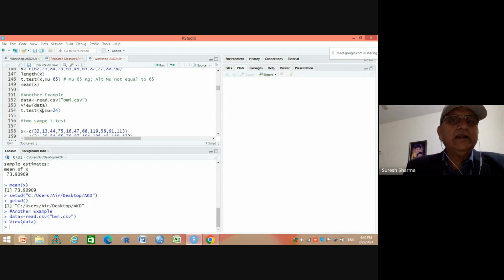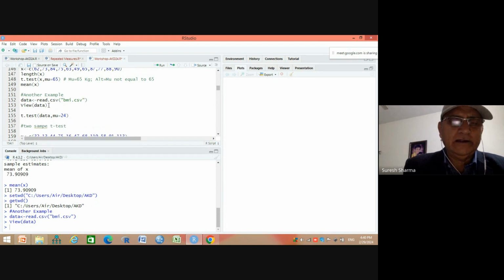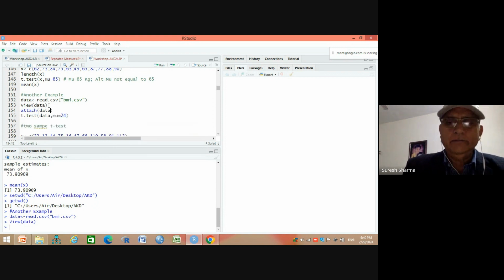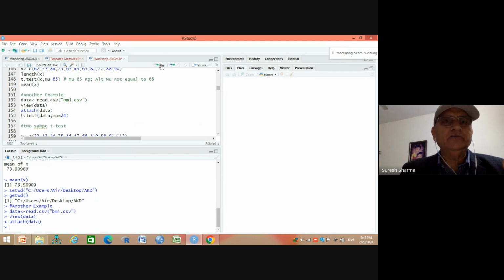Now, let's run the same test again, but here it is written X. It will check the X data, but it should actually be the data. I need to attach this data so that BMI is independently available. Attach data. So we have seen the view of the data. I'll attach the data so that the individual values of BMI are available, right?